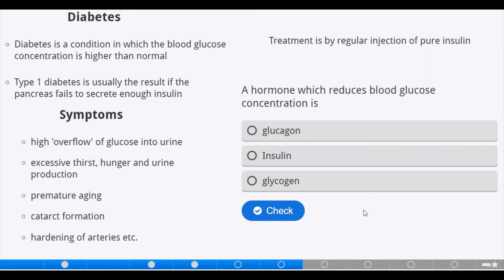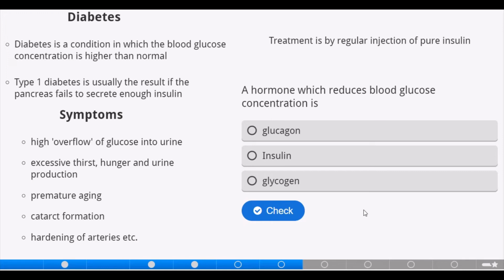Diabetes is a condition in which the blood glucose concentration is higher than normal. Type 1 diabetes is usually the result if the pancreas fails to secrete enough insulin. What are the symptoms of diabetes? We have high overflow of glucose into the urine, excessive thirst, hunger, and urine production.